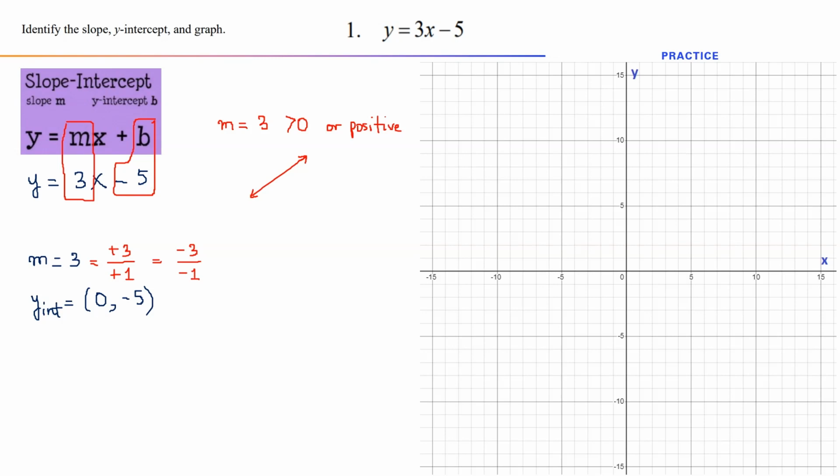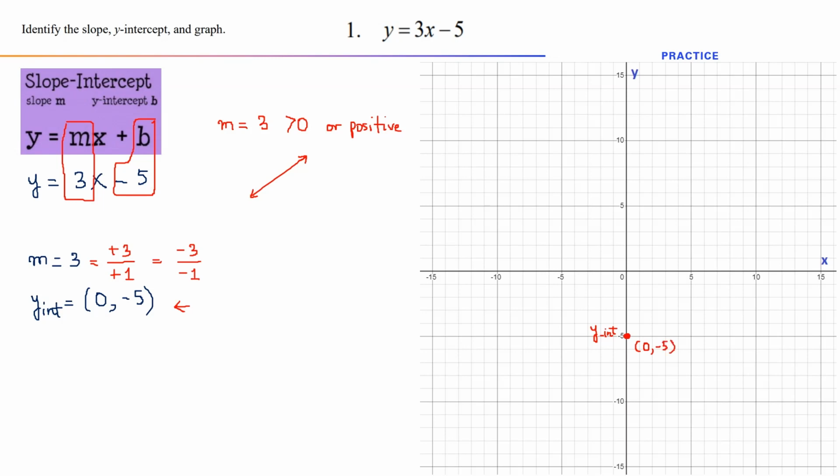We only need 2 points to draw a line, so the first point will be the y-intercept, that's (0, negative 5). This is our y-intercept, (0, negative 5).